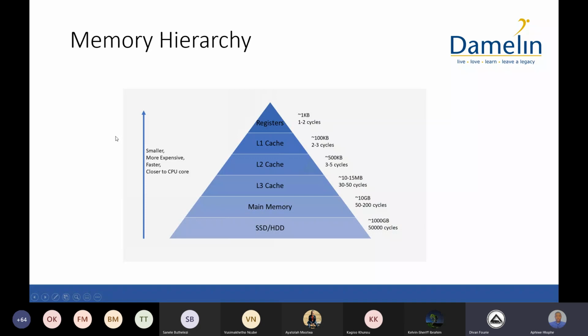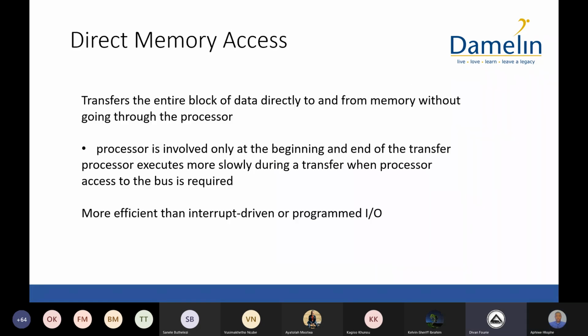Could you please go back one slide? I just have a question about that. It says transfers the entire block of data directly to and from the memory. What is a block of data? Remember that we send data. It's basically data sent in bits. Okay, when they say block, there's nothing deep to it.